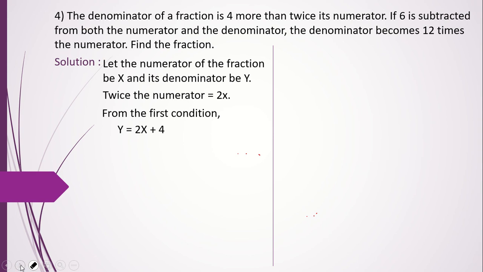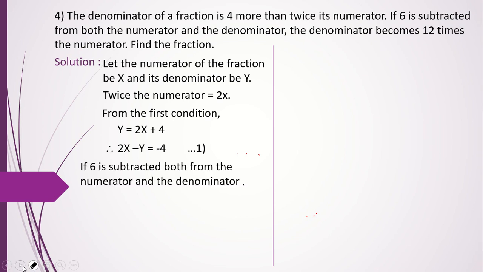Denominator is 4 more than twice the numerator. Now you have to read the question 2, 3, 4, 5 times, then you will understand. This is the same equation we have rearranged: 2x minus y is equal to minus 4.